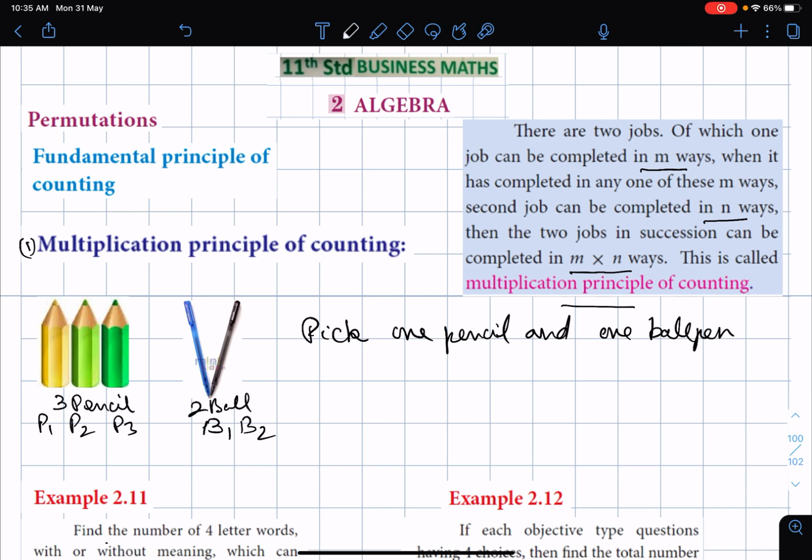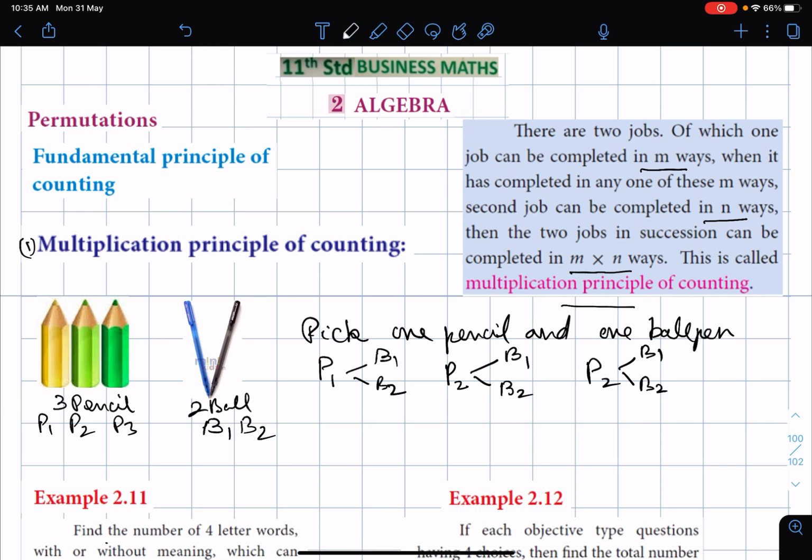So how are we going to do this? Suppose you are taking pencil 1. After taking pencil 1, you will take either ball pen 1 or ball pen 2, any one. Similarly for pencil 2, the same thing: ball pen 1, otherwise ball pen 2. Similarly for pencil 3, you will take ball pen 1, otherwise ball pen 2.